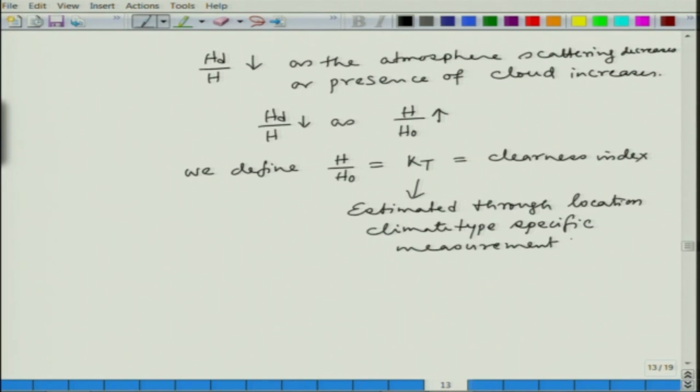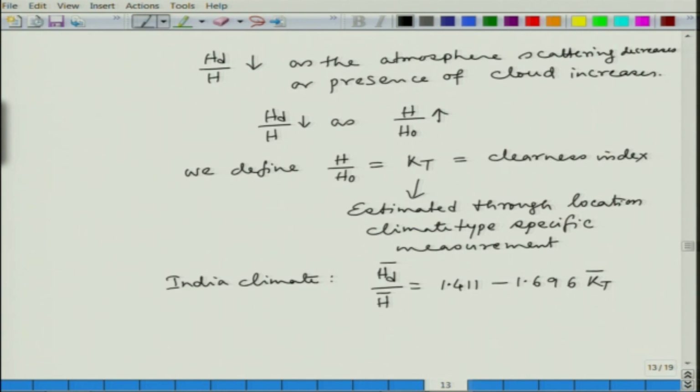For Indian conditions, the accepted correlation is H d bar divided by H bar, that is the average diffuse radiation fraction, equal to 1.411 minus 1.696 kT bar.